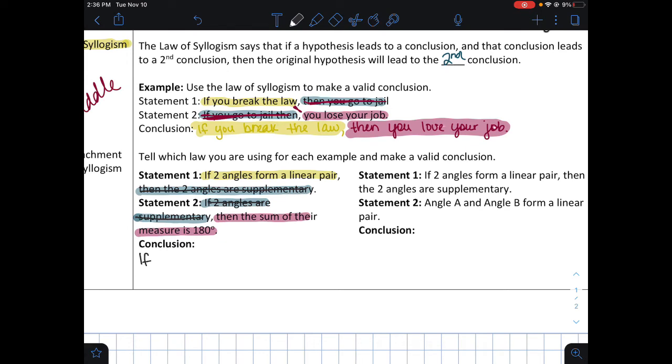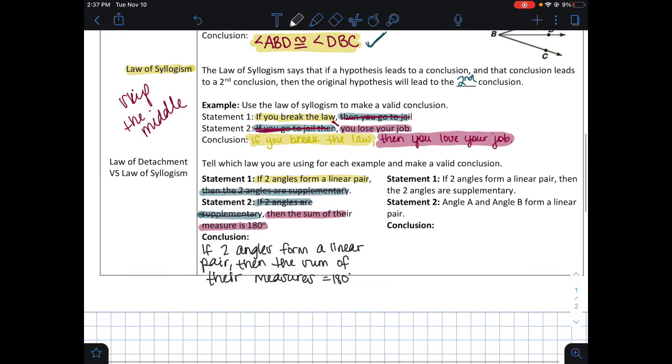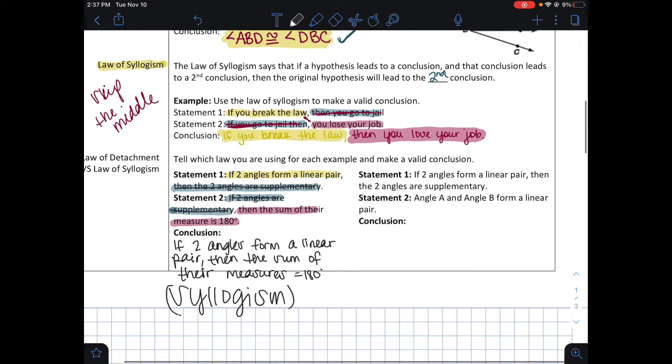And then if two angles form a linear pair, then the sum of their measures is 180. All right, and if you remember, that was syllogism.